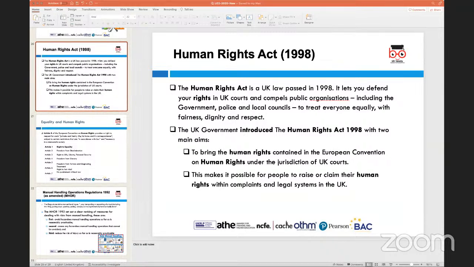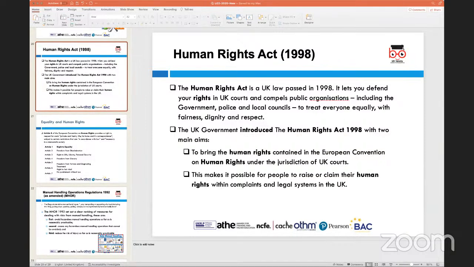And this allows you to act against public authorities, including government departments, local authorities, police, and other public bodies which are responsible for providing health and social care services. Now, this act also places an obligation on local authorities to ensure that people receiving services receive them in a particular way.